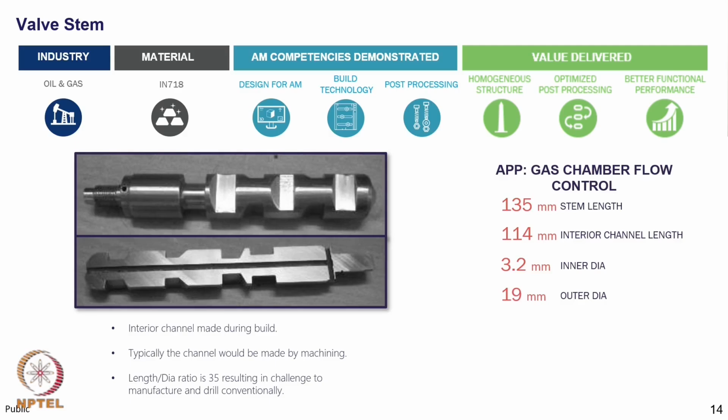Valves are used for separating various parts of piping, or if there is any leak, they can be used for blocking that leak, or if any part of piping needs repair or any checks, these valves can be used. This particular valve is made of Inconel 718 nickel based super alloy.